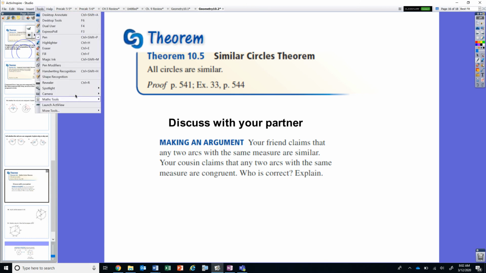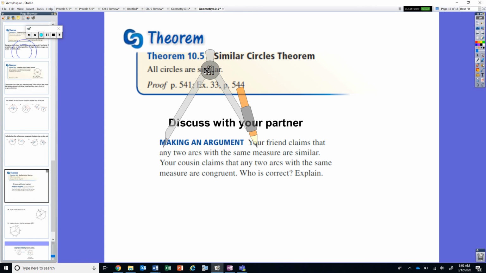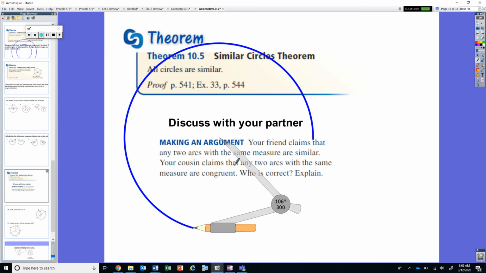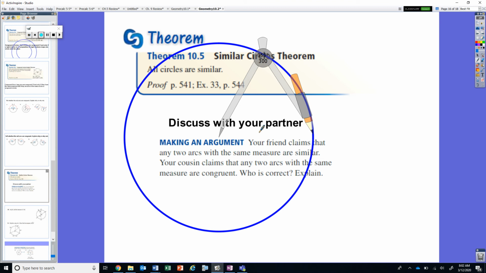And so if I bring my compass back on out, if you take a look here at this circle that I'm going to randomly draw, right? If I make this circle here, and let's say, for instance, that I cut the distance of this radius in half. So you may call that a scale factor of 1/2, right?